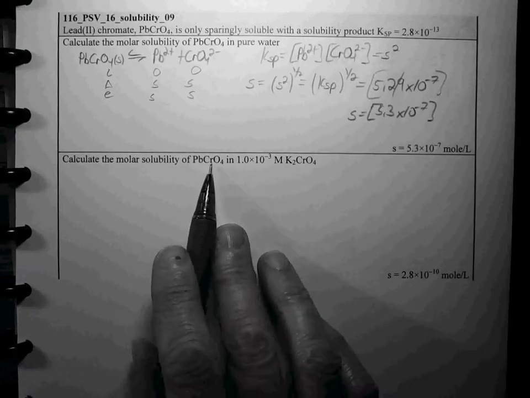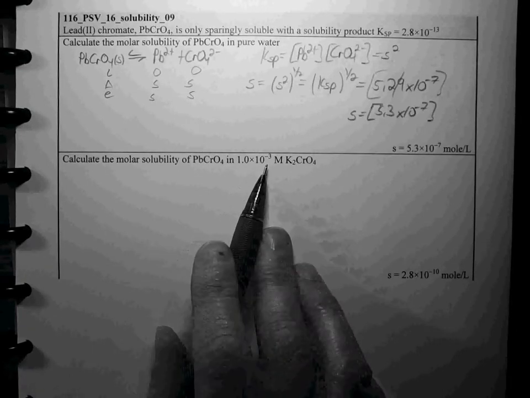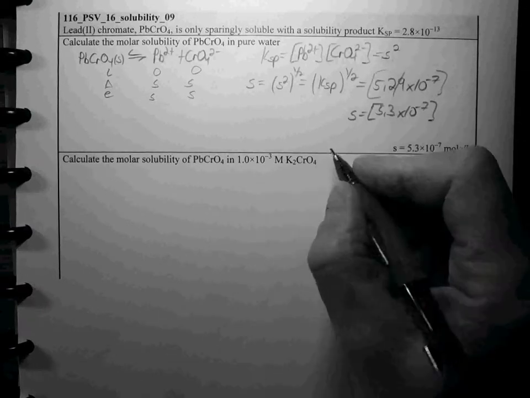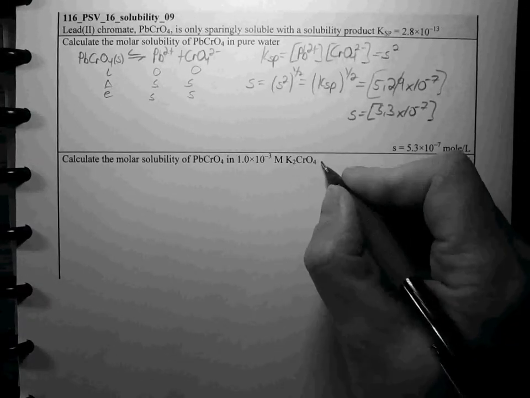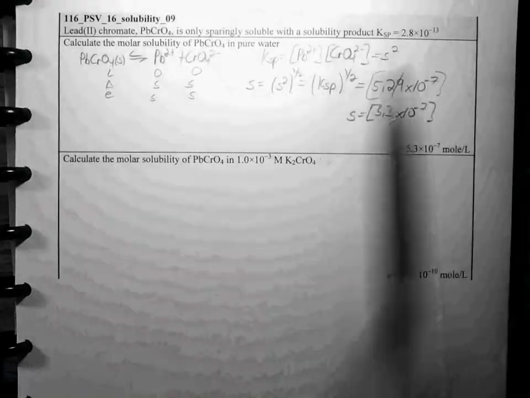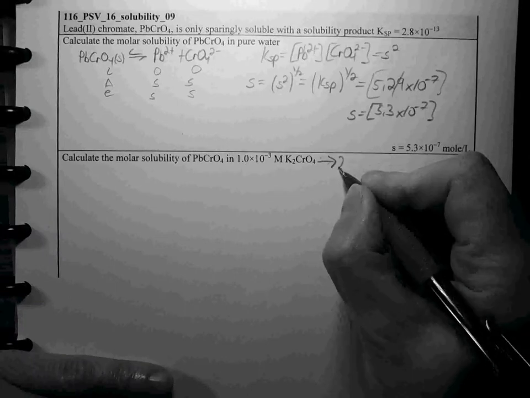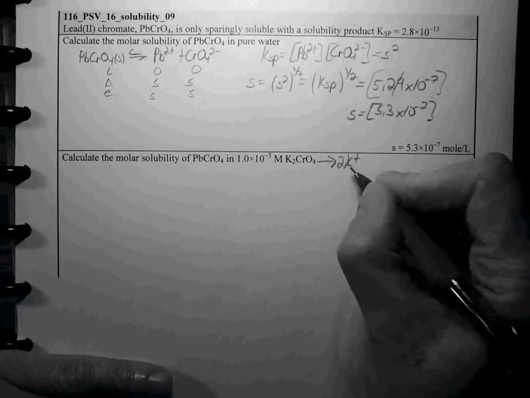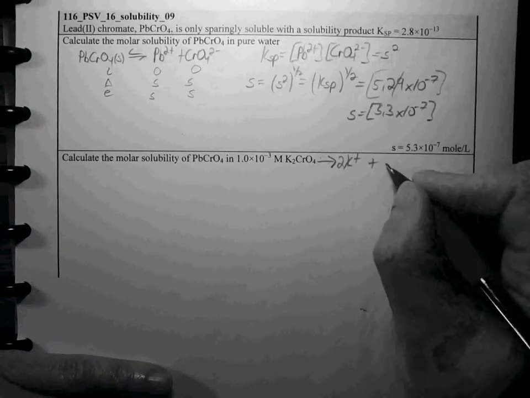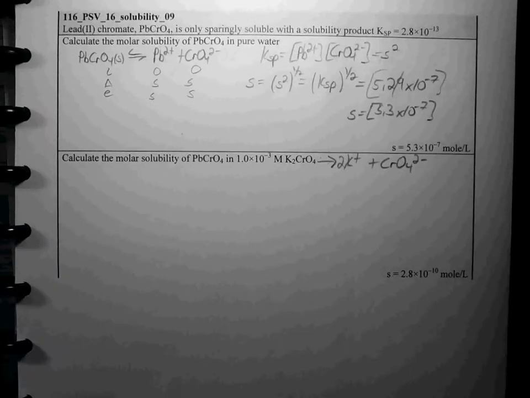Now we're going to find the solubility of lead 2 chromate in a solution that contains a common ion. Potassium chromate is a soluble compound, so it's a one-way arrow. It's going to dissociate to give us 2 moles of potassium ion and a mole of chromate ions.